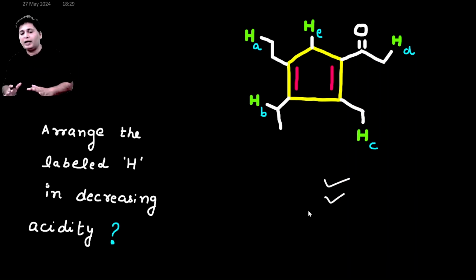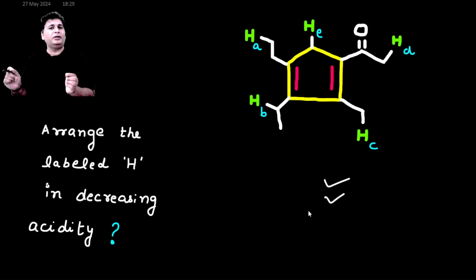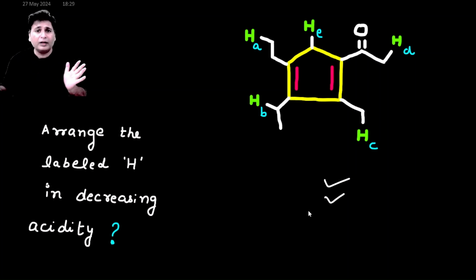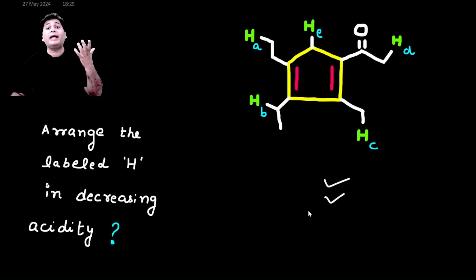you have to take these hydrogens one by one out of the atoms from where they are attached, and it will leave a minus charge on the atom where they were attached earlier. That means you are going to get a conjugate base, an anion.